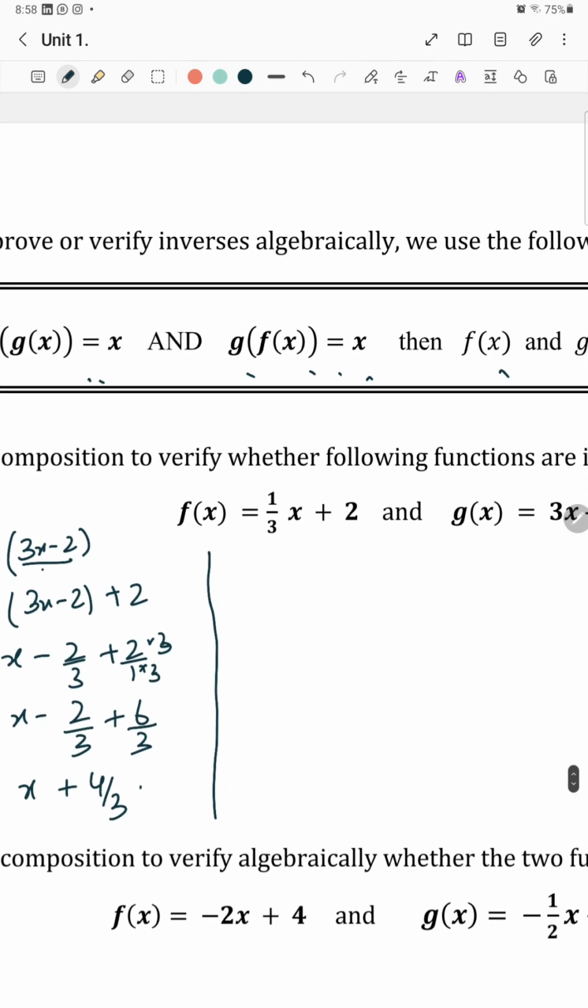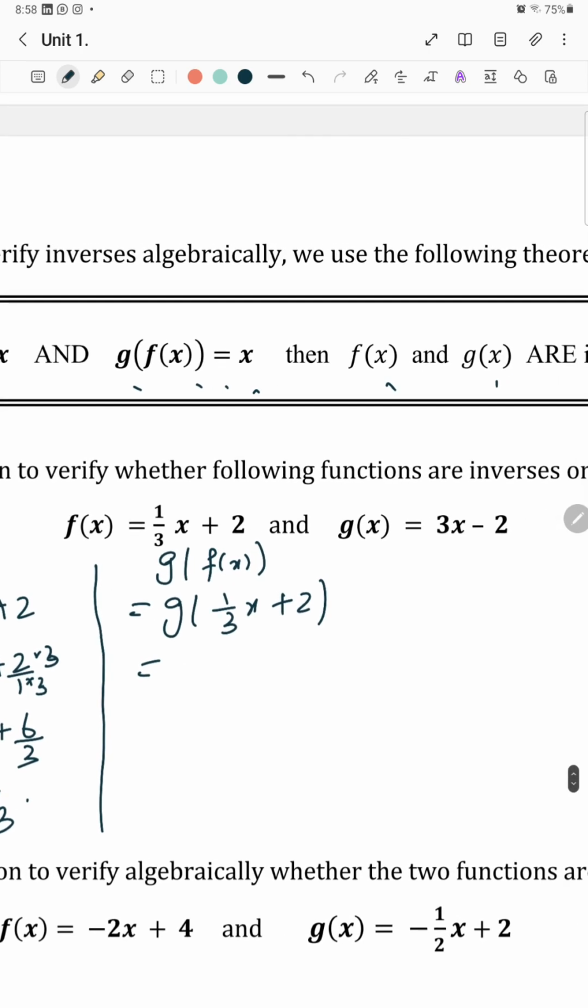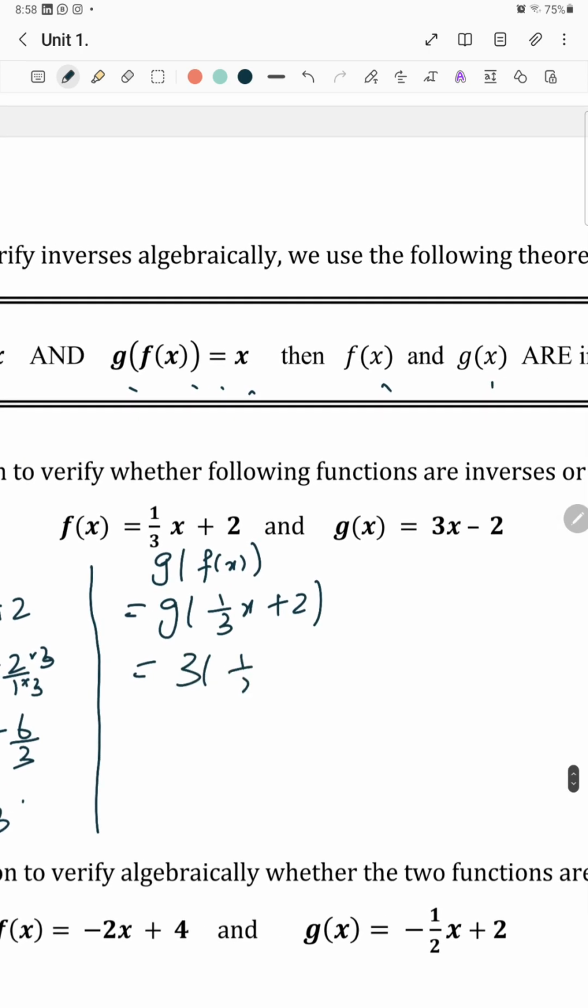Now it was f(g(x)). Now we will find g(f(x)), which is equal to g(1/3 x + 2), which is equal to 3 times (1/3 x + 2) minus 2, x + 2 by 3 minus 2, 1/3 is 3.